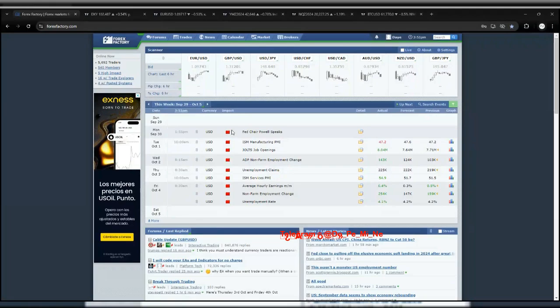So price will expand more, or price will move away from the open of the week more, with fewer news events. Why is that? Because let's say there is a total amount of liquidity divided among each day.